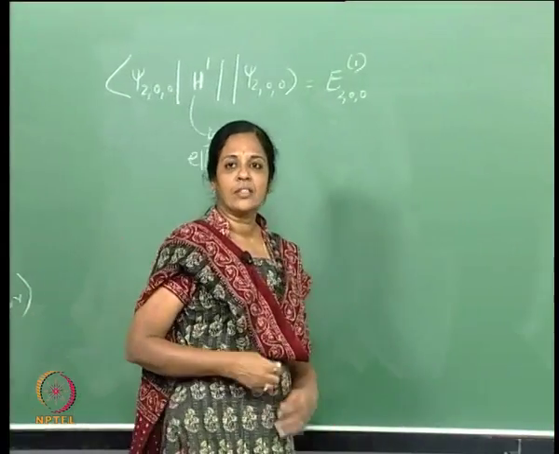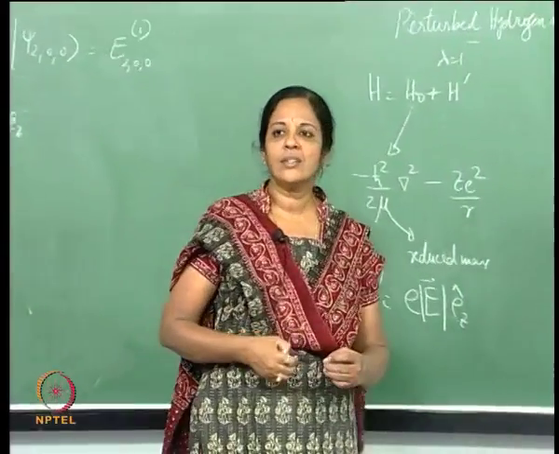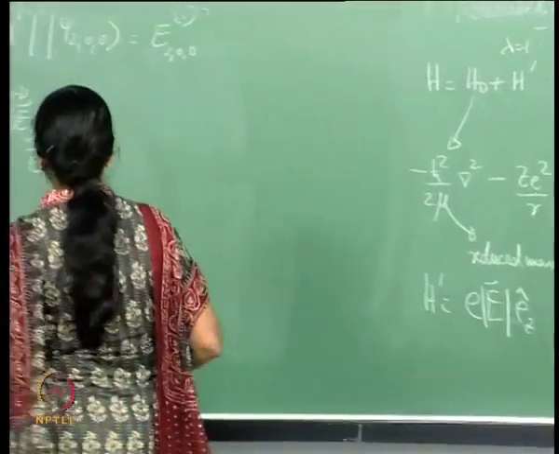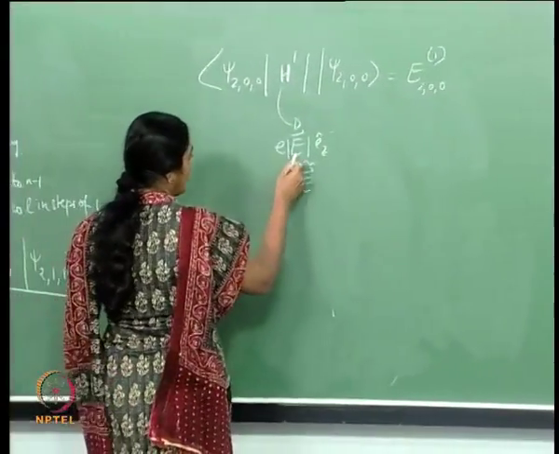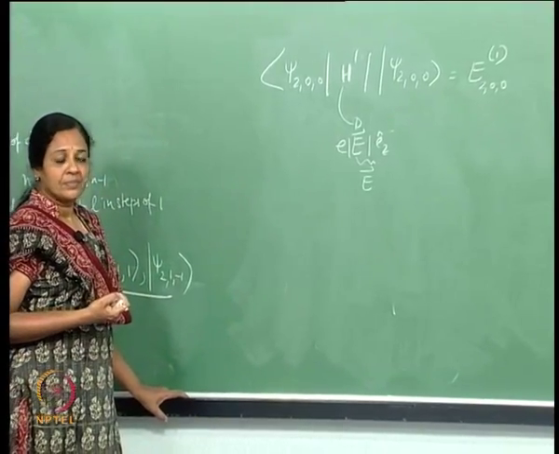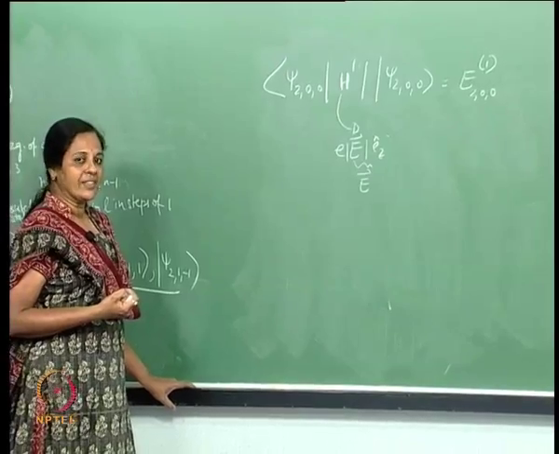This is an electromagnetic process, and electromagnetism conserves parity. The electric field itself is a vector, and therefore it changes sign under parity.